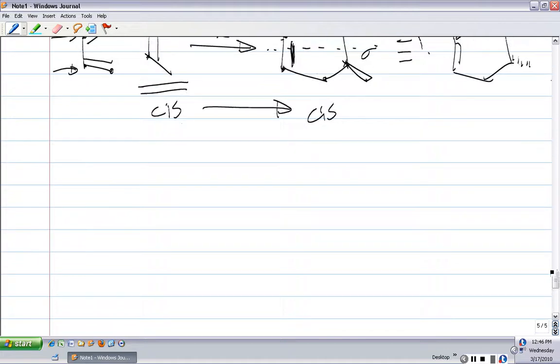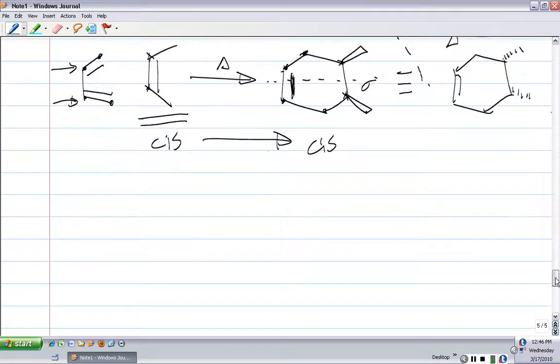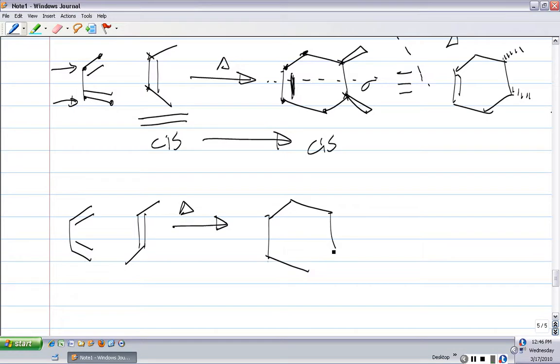Well, what if I had a trans species? If I take my diene again, and I treat it this time with a trans alkene, what do I get? Well, I recognize this is Diels-Alder. Therefore, whatever else I know, this reaction has to give rise to a cyclohexene. So I'm going to draw my cyclohexene.